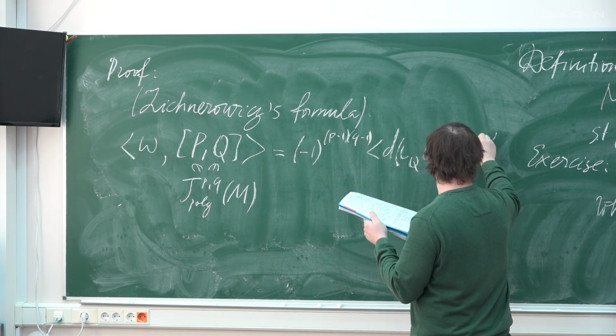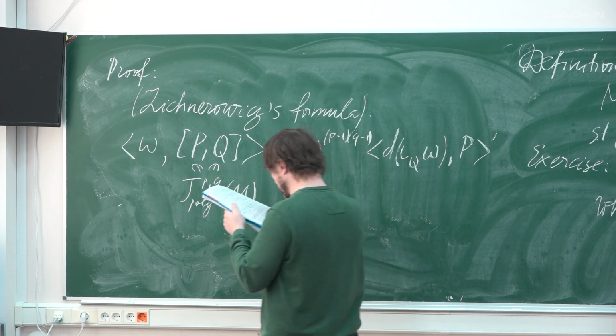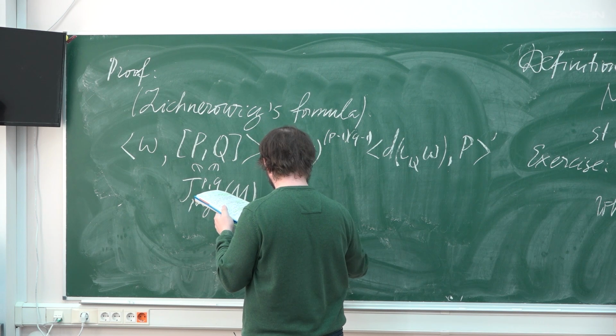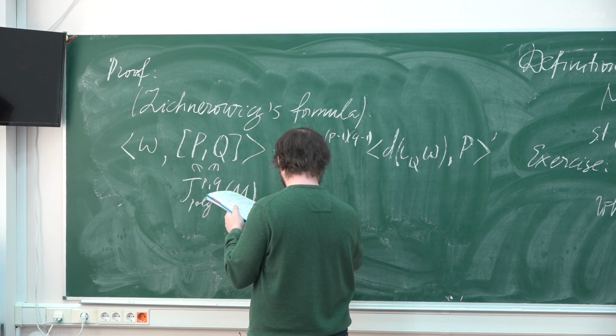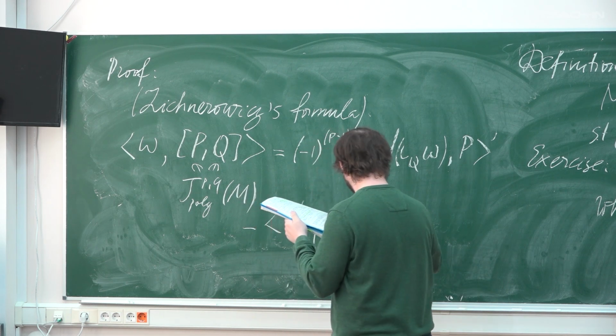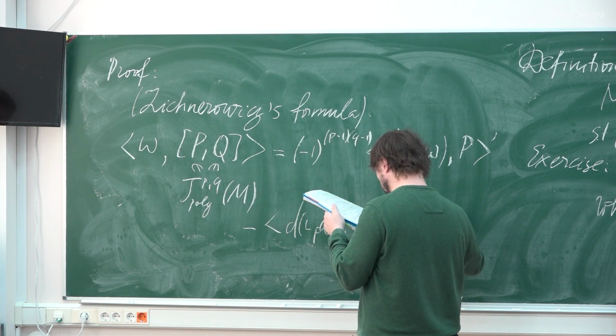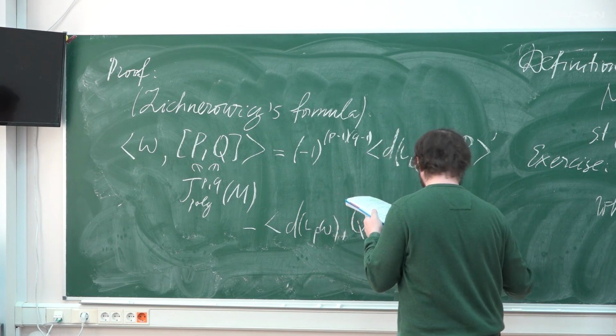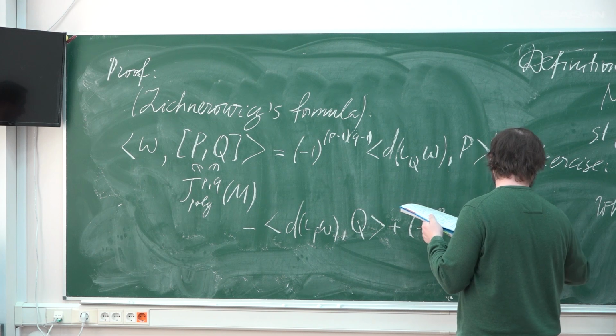Times p, plus or minus the Darboux differential I sub p of omega paired with q. And finally, minus 1 to the power p, d p d omega p h q.